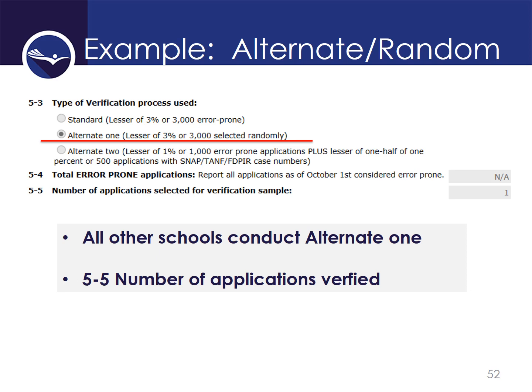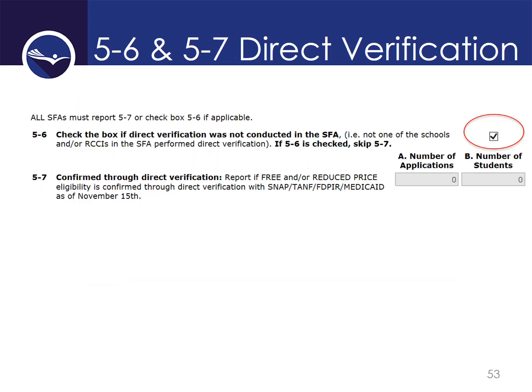You are required to enter the number of applications selected for verification in 5-5. The number to verify is based on the total number of applications reported in Section 4, Column A, multiplied by 3% and rounded up. Question 5-6 is asking about direct verification, which we discussed earlier.